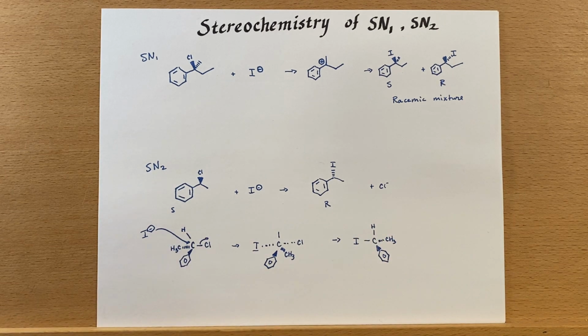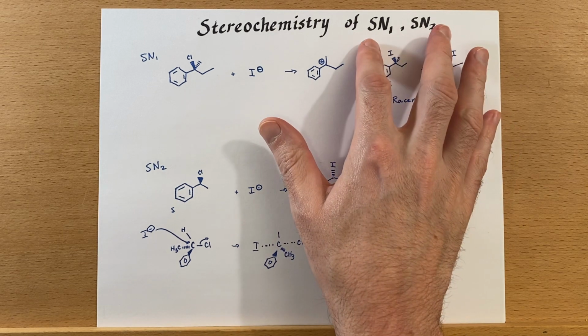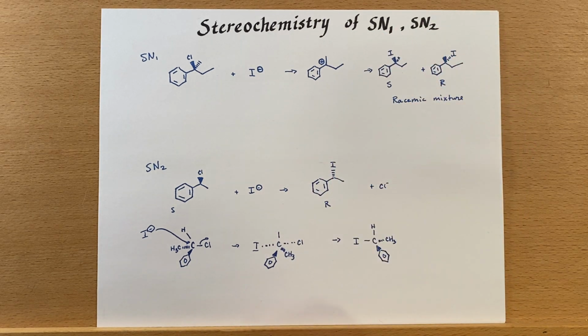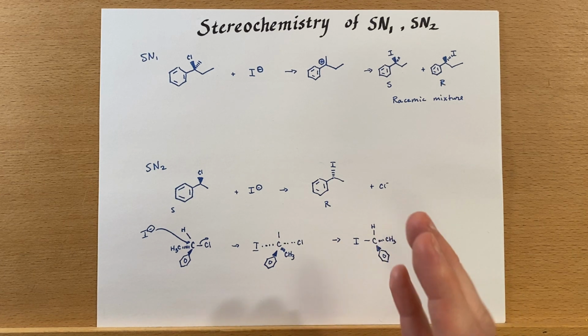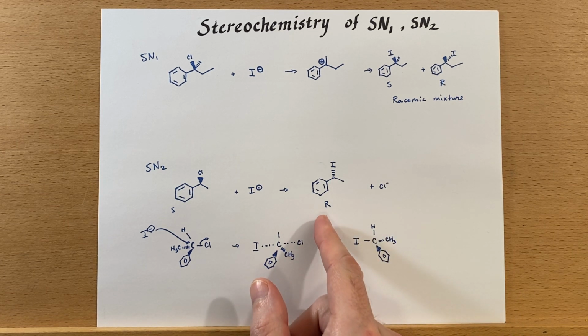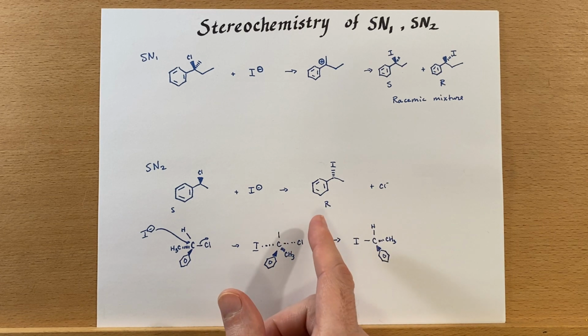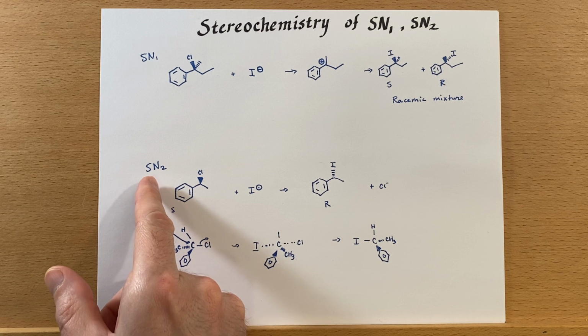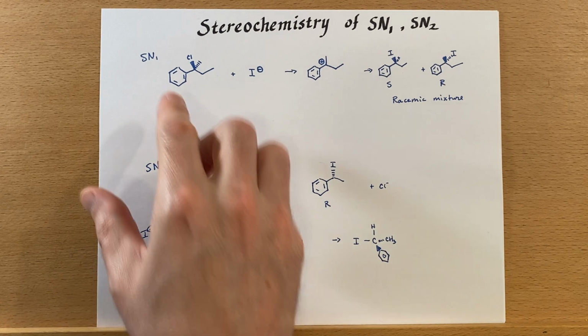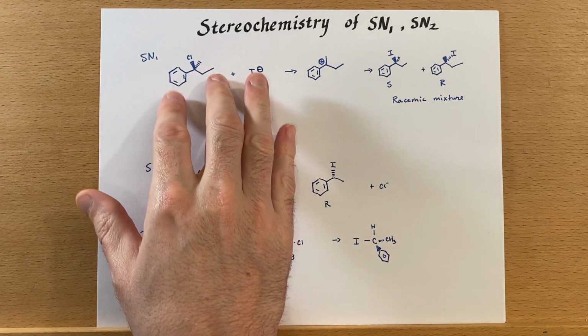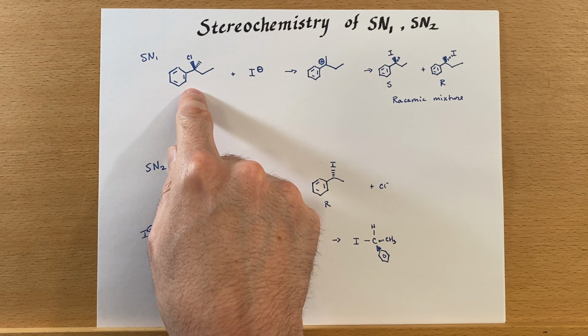So that's a big difference between SN1 and SN2. And this is a very important thing to remember, especially when we're designing a synthesis. If we desire to have only one enantiomer, we need to keep in mind that we're going to try to do SN2 reactions rather than SN1, especially when we're starting with a chiral molecule.